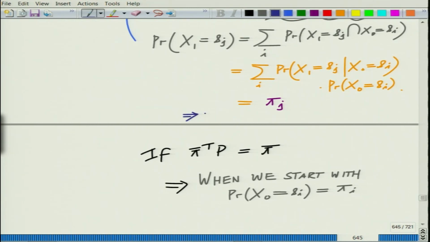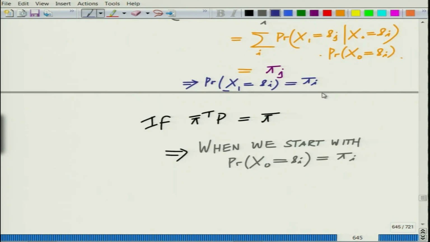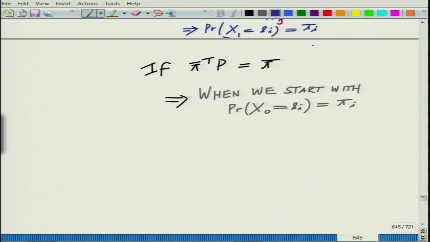This implies that probability x1 equal to si equals pi i.